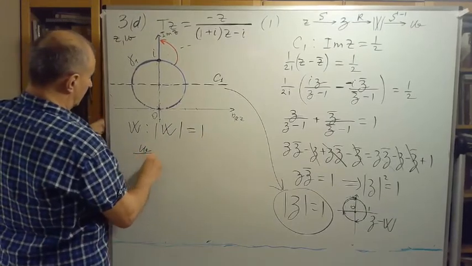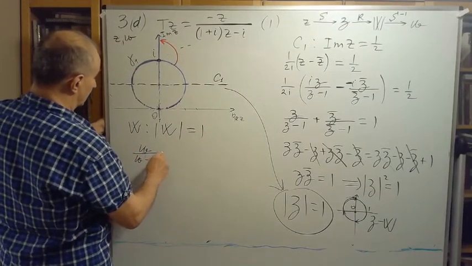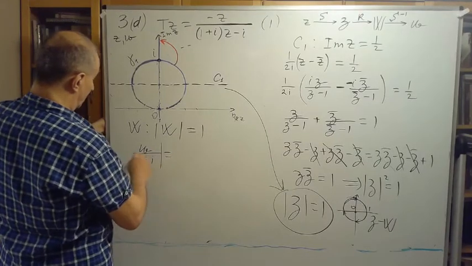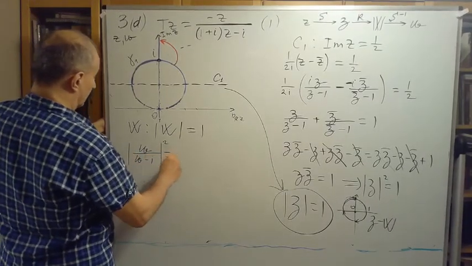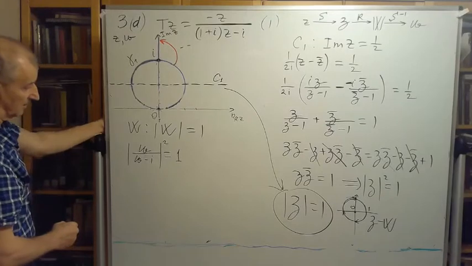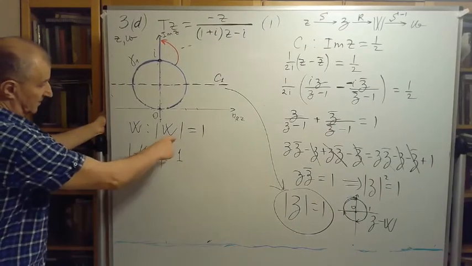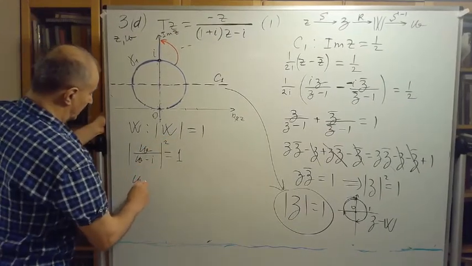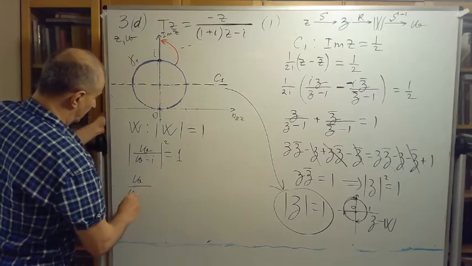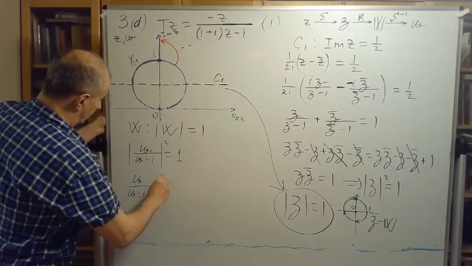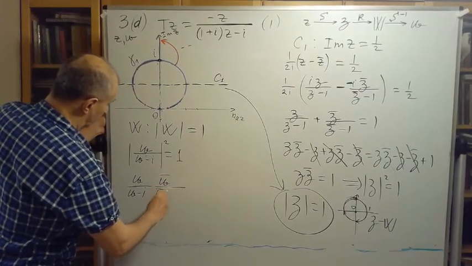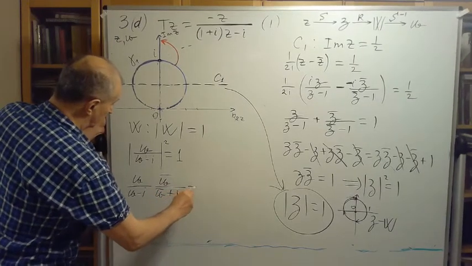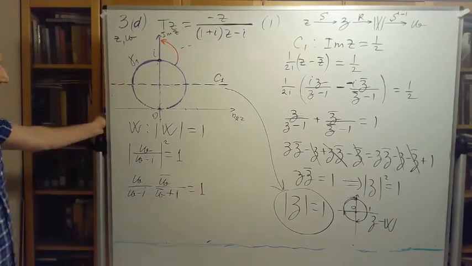So w small over w minus i, modulus squared is equal to 1. Right? This is the expression for w. Or w over w minus i, w conjugate over w conjugate plus i equals to 1.